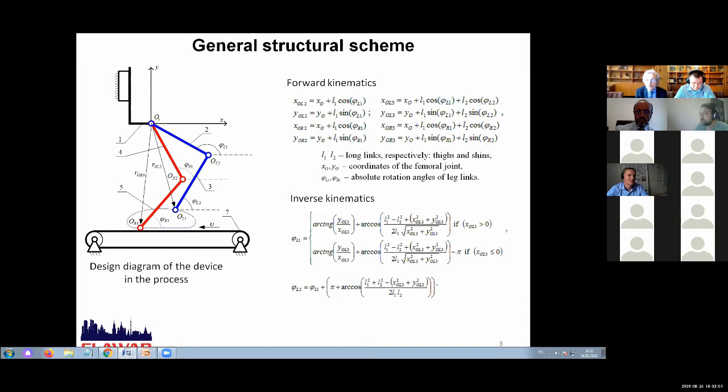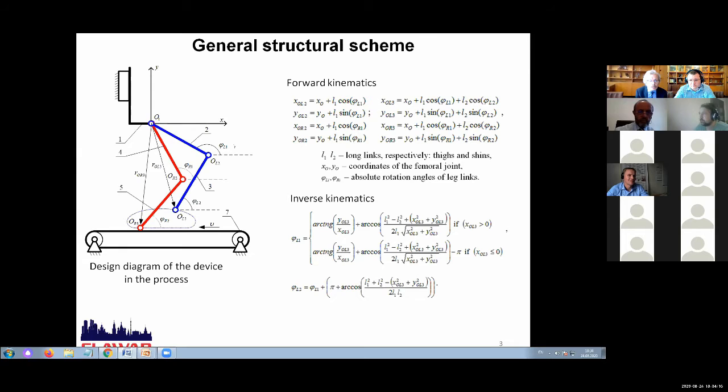Okay, on this slide, you can see the general structural scheme. The upper part of the exoskeleton is attached to the fixed base, the frame. The femoral links 2 for the left leg and 4 for the right leg are attached to the body by means of active joints that contain electric drives creating movements that can have an assisting effect on the patients.